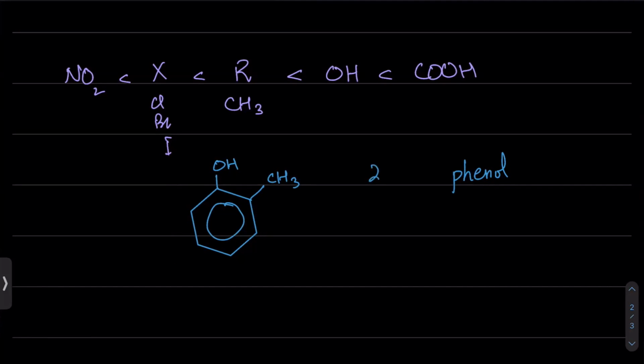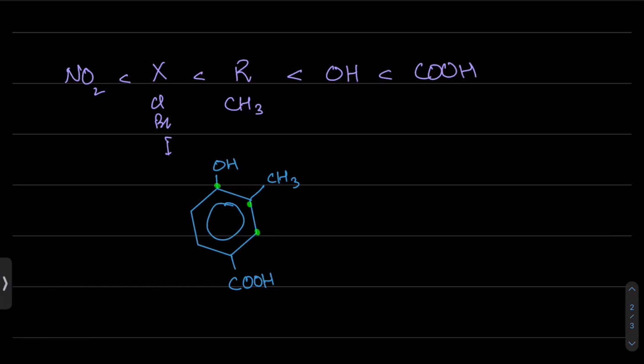So this is 2-methyl phenol. Automatically OH is considered to be on the first carbon. But let me add COOH here. Now this is the first carbon. So this will be second, third, fourth.